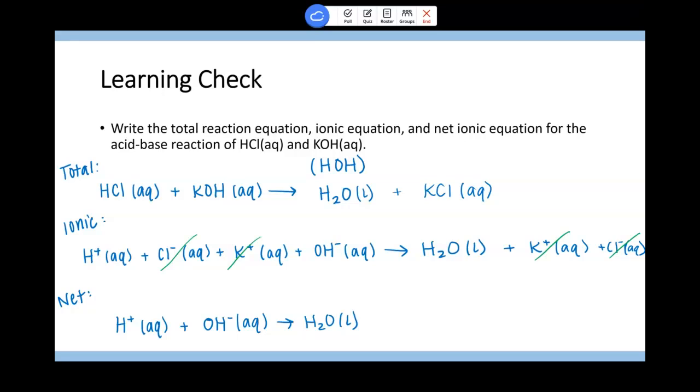So this is important. And then OH minus. So barium is OH minus.